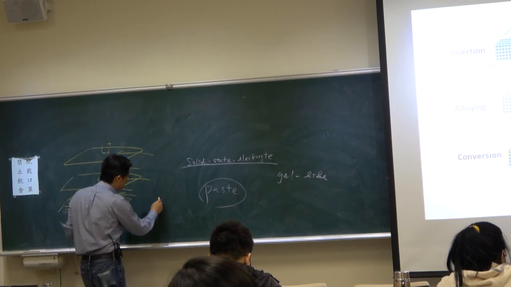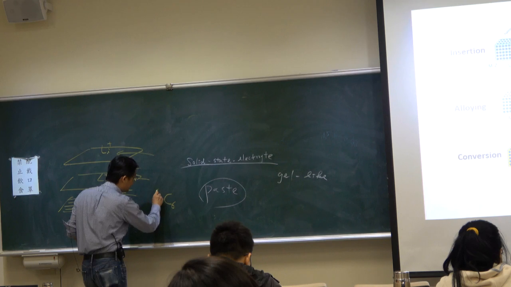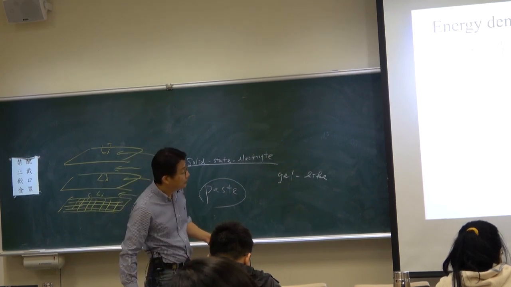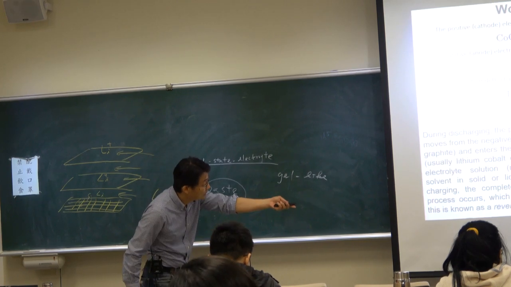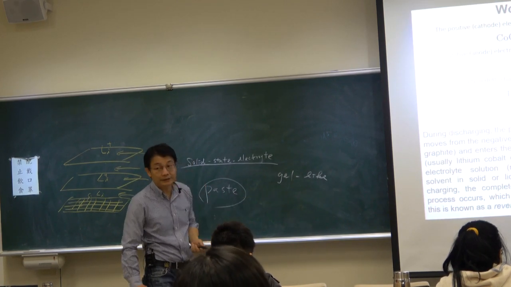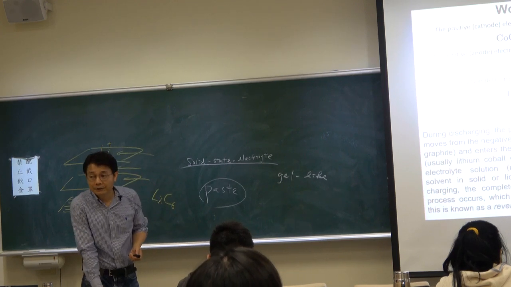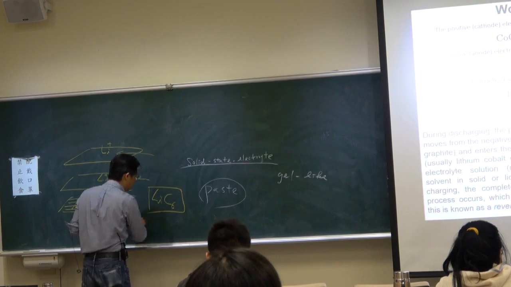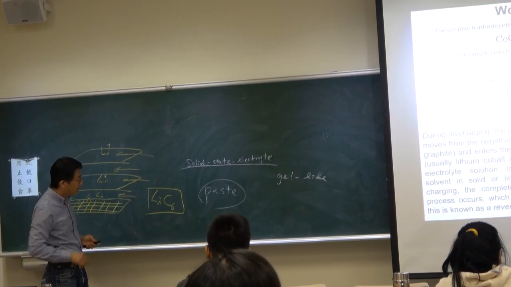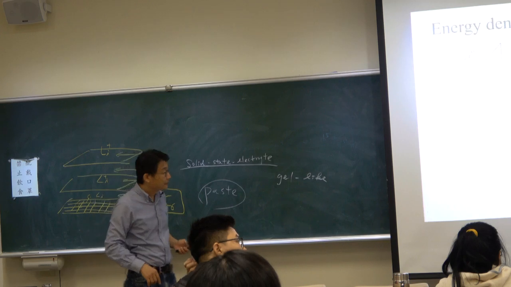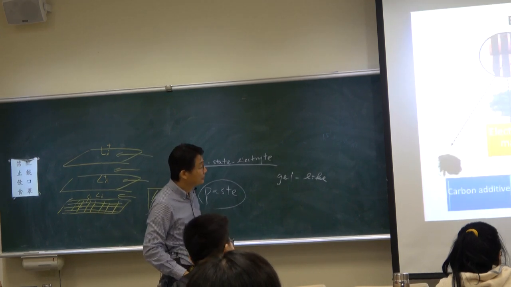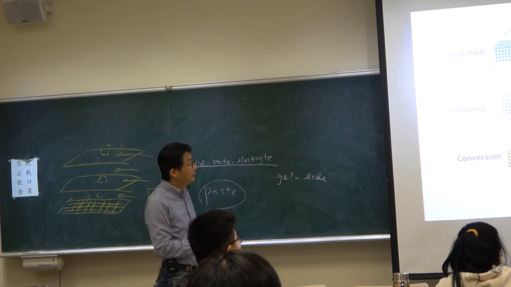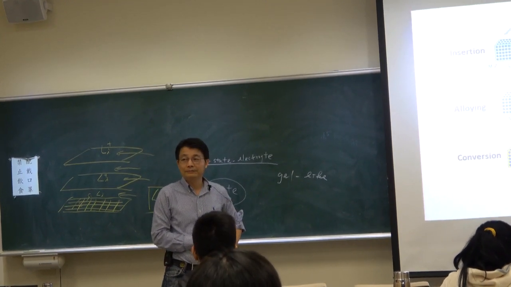So they react to form C6Li. This is a very famous example of the first mechanism, right? Right here, C6. So usually the carbon will use one lithium to accommodate six carbon.